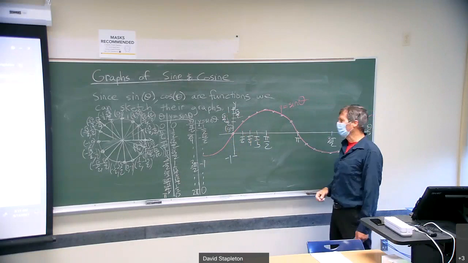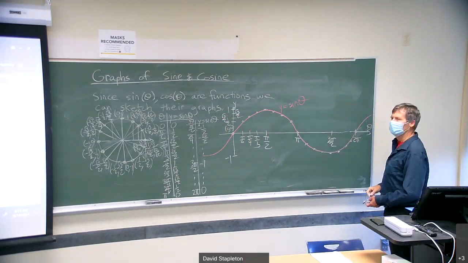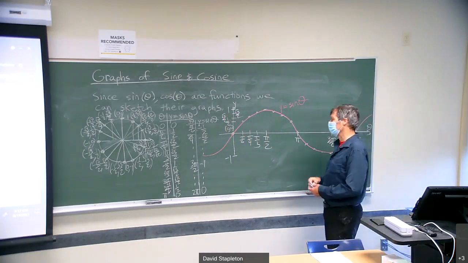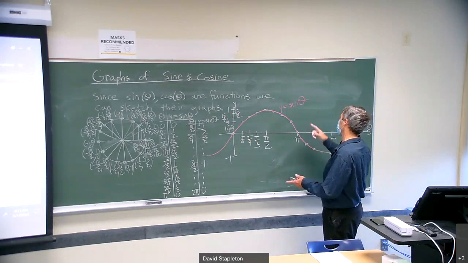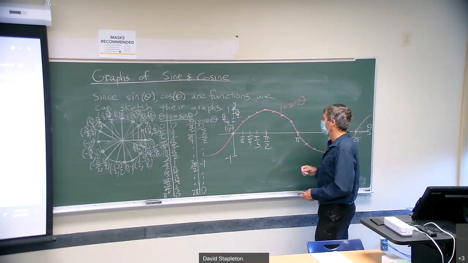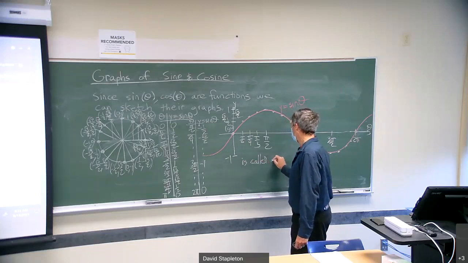We call that a sine wave because it goes on forever with a repeating pattern. Right? It's a sine function. So a wave is a repeating function that goes on forever. And we notice that it repeats every 2 pi units. So it's called a sine wave.